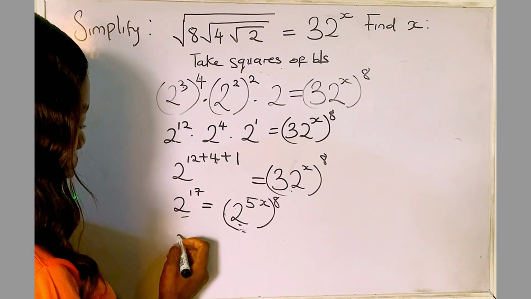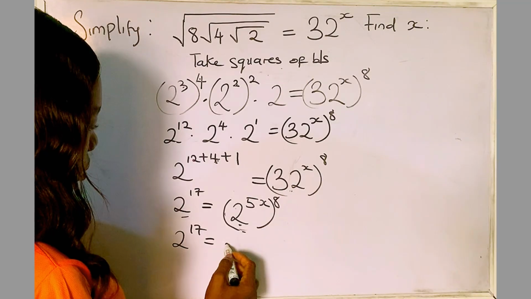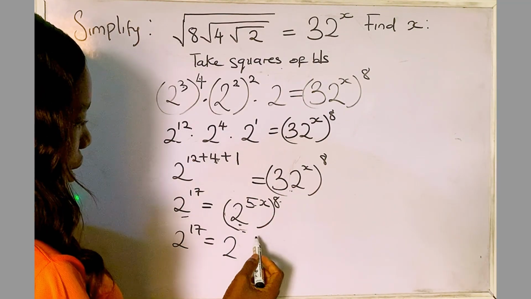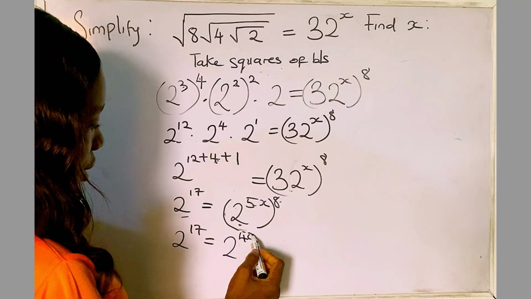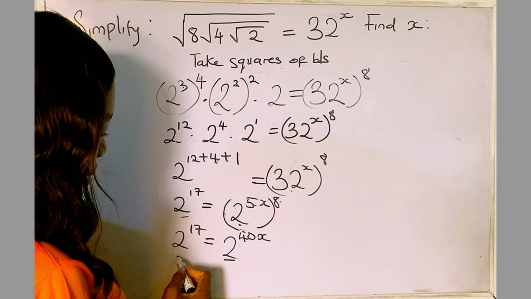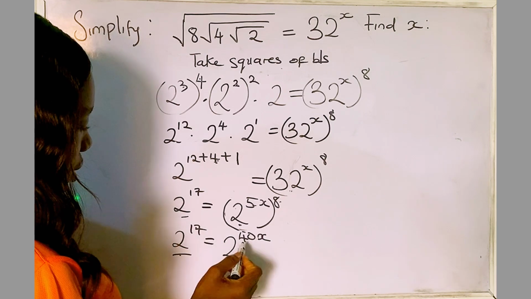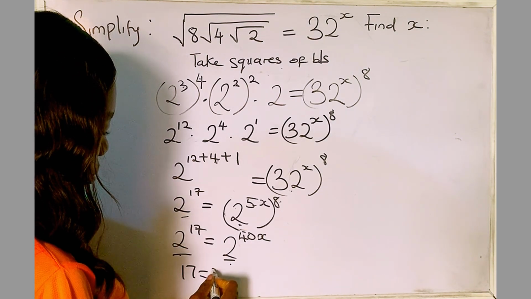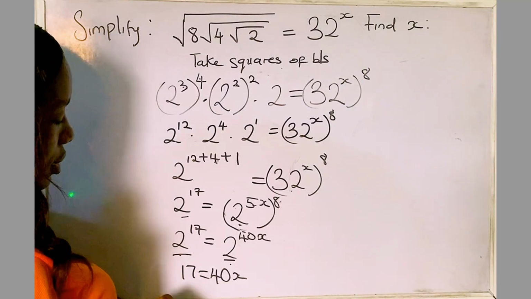Now, firstly, let's do 2 to the power of 17 is equal to 2 to the power of... Multiply this, you have 5x multiplied by 8, you have 40x, right? So these are equal. That means these exponents are the same. So we have 17 is equal to 40x. We are looking for the value of x. So do what?